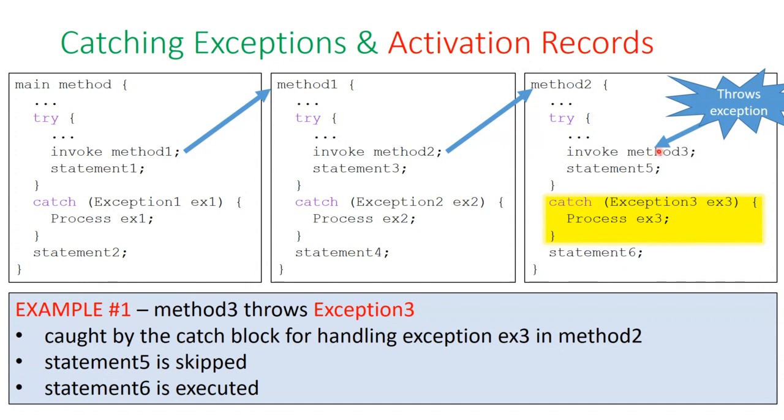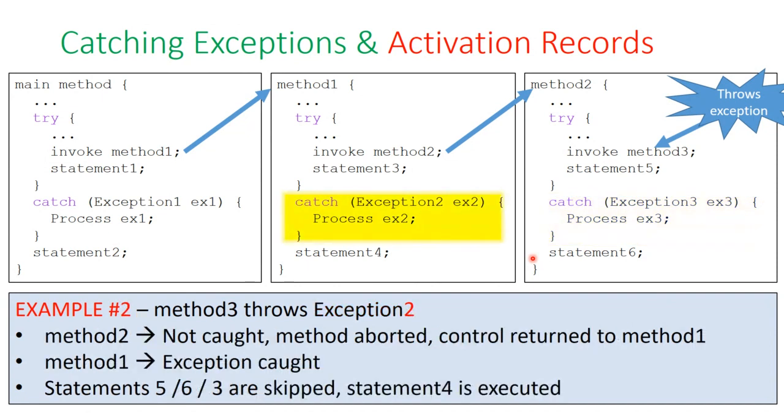I went from there, skipped everything left in the try block, matched this first catch block, executed everything inside the matching catch block, then continued my execution as if nothing happened to the next statement after the try-catch block. All right, so this is the most basic example. This is what we used last lecture. I call a method, it's risky, I catch the exception that it throws. I always have a catch block for the one or many exceptions it may throw, and I just mitigate the problem right there on the spot.